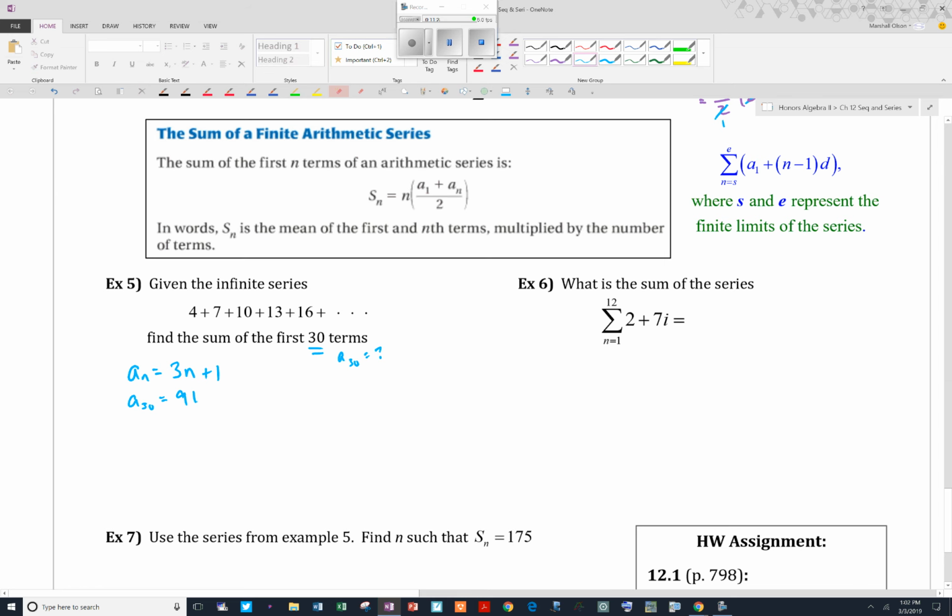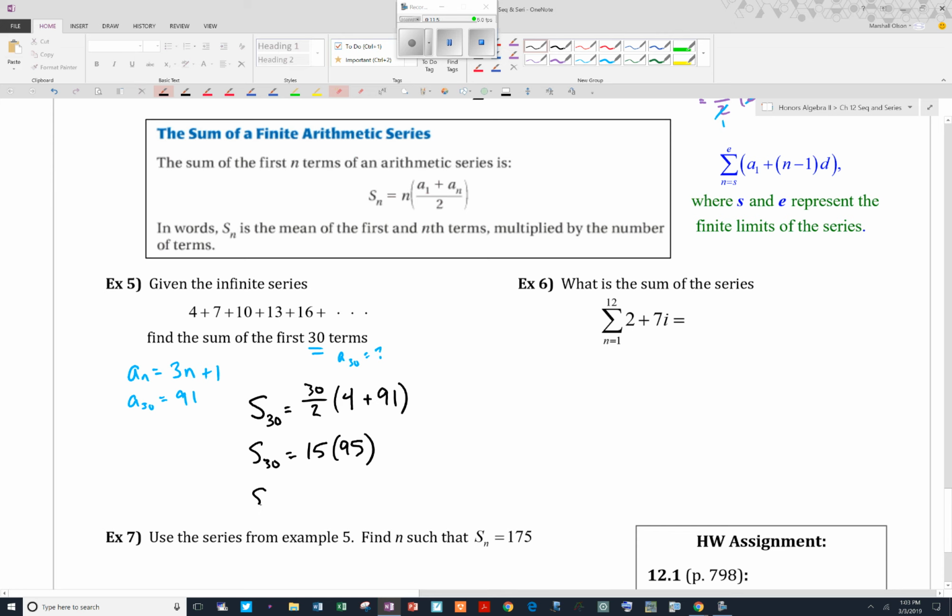So the 30th term is 91. Now we can easily find the sum of those 30 terms. We're adding 30 terms, so we take 30 divided by 2, and multiply that by the sum of the first term, which is 4, and the last term, which we just found, was 91. So we have 15 times 95.